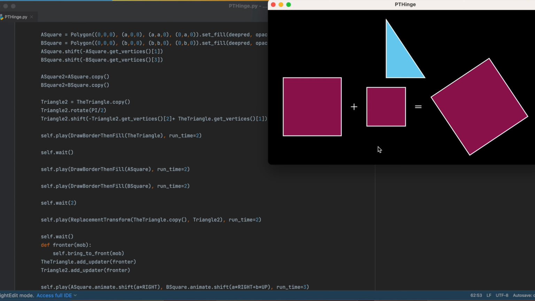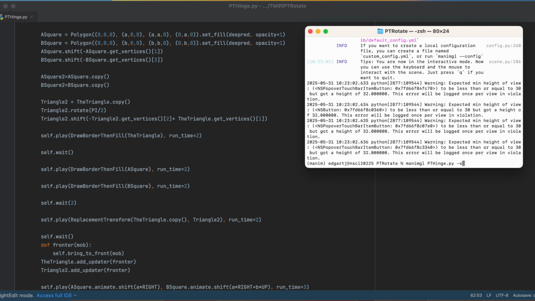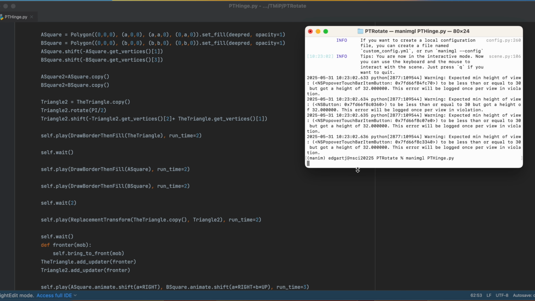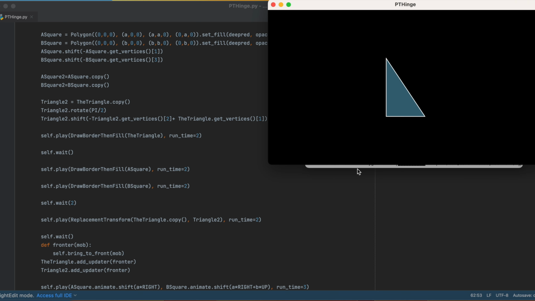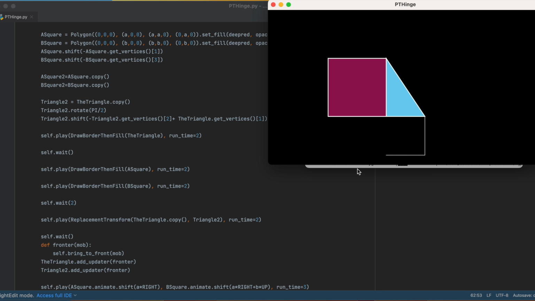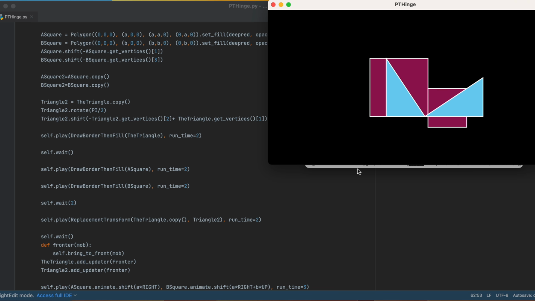So the only thing missing from this is some labels, but let's see what the whole animation looks like at this point. We draw the triangle, we fade in the a by a square, we fade in the b by b square, and then we take a second copy of the triangle. We shift the a by a square and the b by b square over so that they sit and fill there.